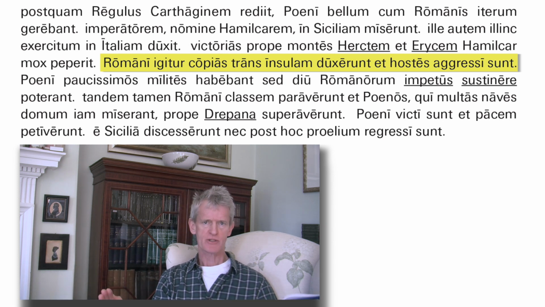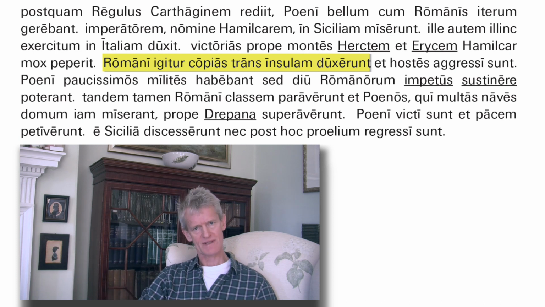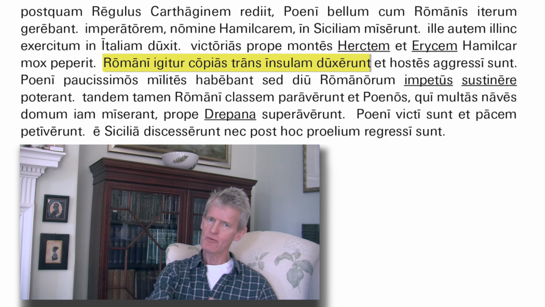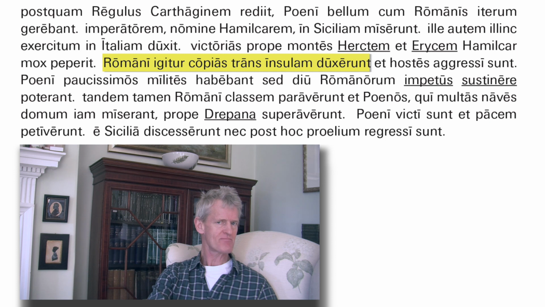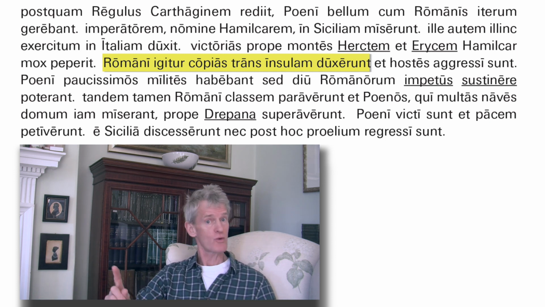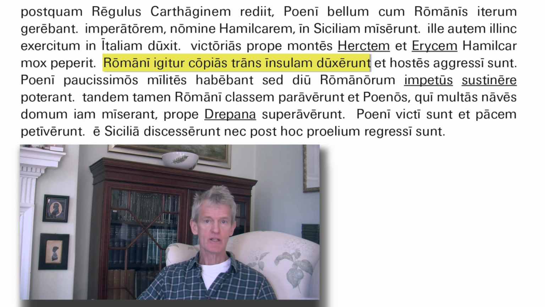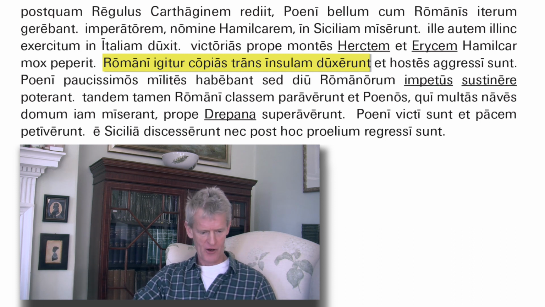So we'll just go up to duxerunt. The Romans igitur, therefore, duxerunt, led, copias, their forces. Notice how I put in a word like their. It's not there in the Latin, but it's sort of implied. You could just say the forces, or just forces. The Romans led forces, but no, the Romans led their forces trans insulam, across the island. Okay, and then we're going to carry on.